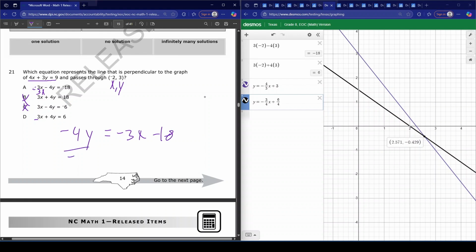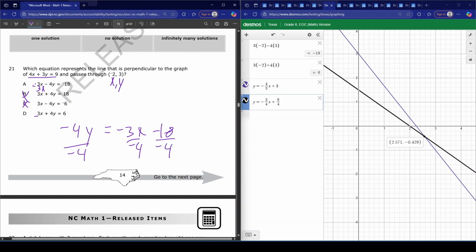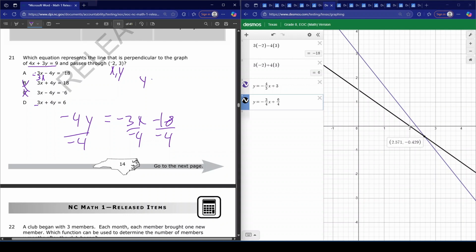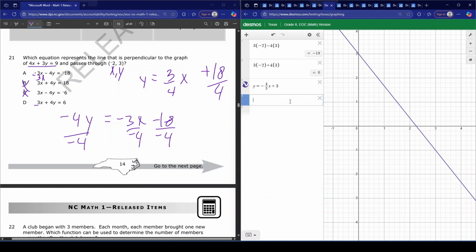Divide everything by negative 4. That gives us y equals 3 over 4 x plus 18 over 4.